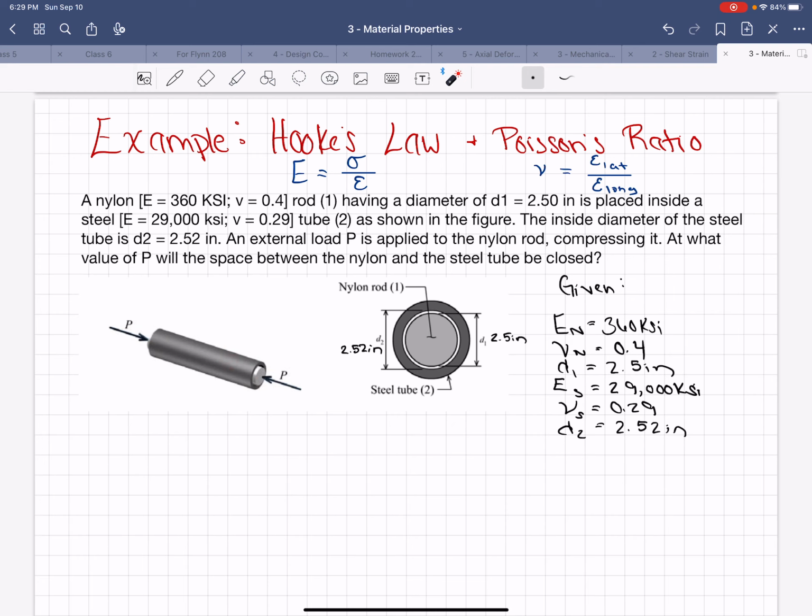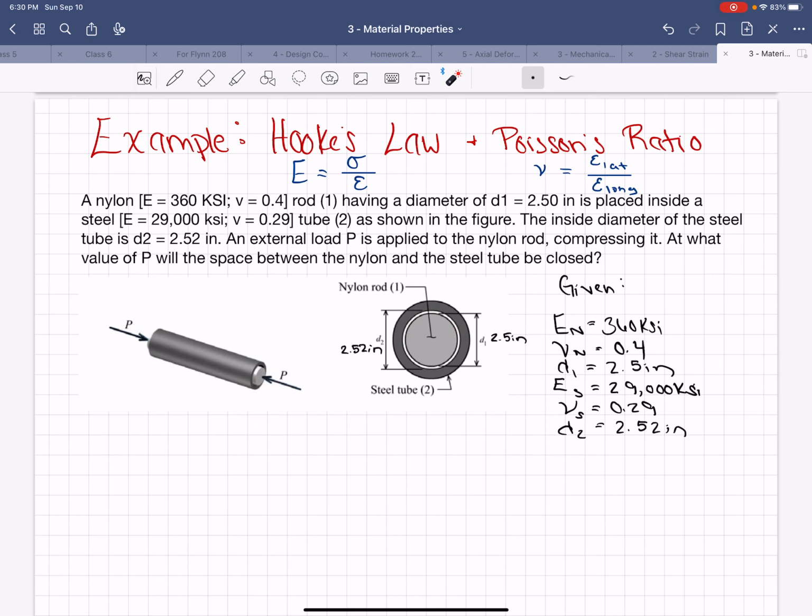And we're supposed to figure out at what value of P will we close this gap, this space between the nylon and steel. The nylon is what's going to change size. The inside is going to go from 2.5 inches to 2.52 inches. It's going to close this gap and fill that hole.